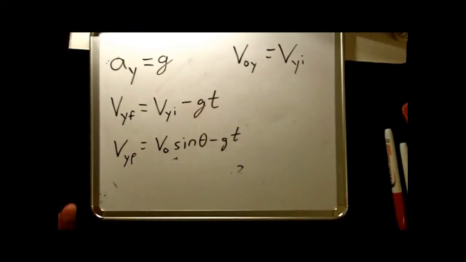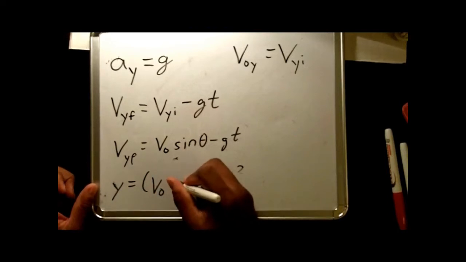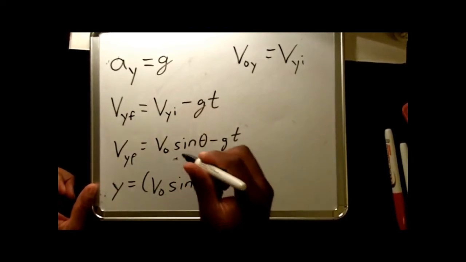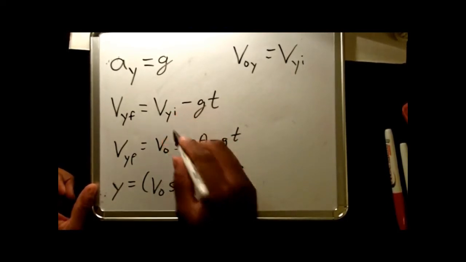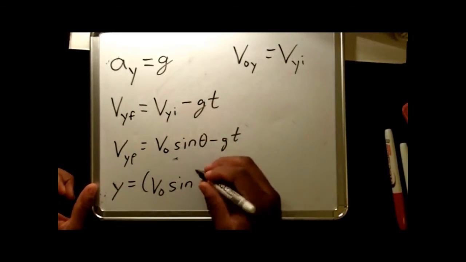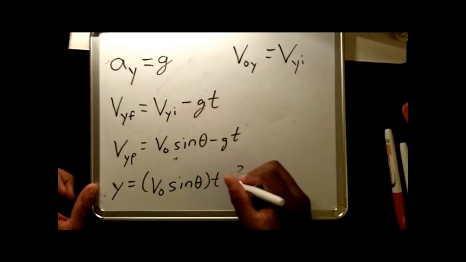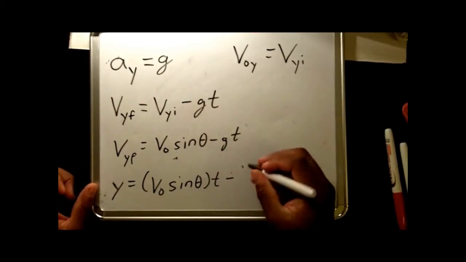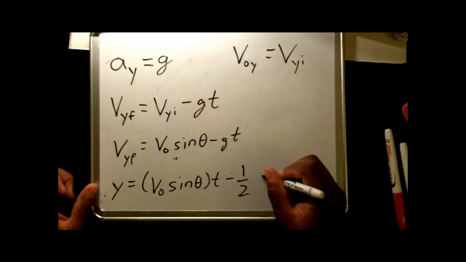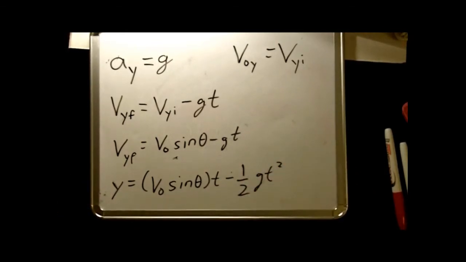Changing that. And again, sometimes you'll just use the v in the y direction, just this, and sometimes you'll use this. It depends on what the question is asking for and what information they give you.